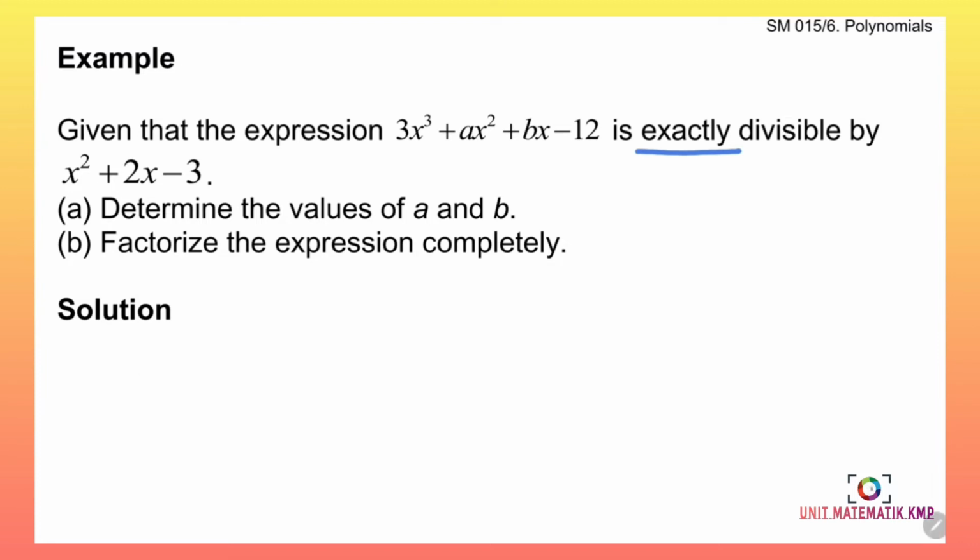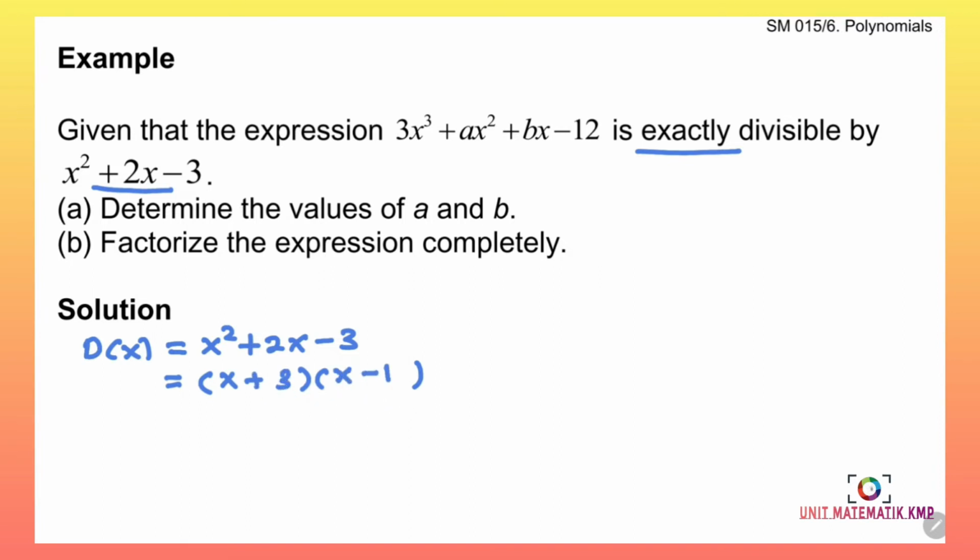We are given the divisor is x square plus 2x minus 3, so our D(x) is x square plus 2x minus 3. This is quadratic. Can we factorize? If we factorize, we should have (x plus 3)(x minus 1). Is it right?